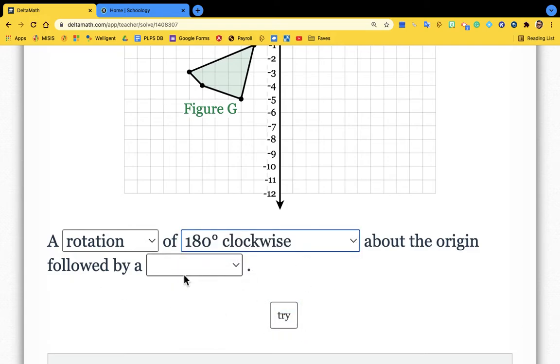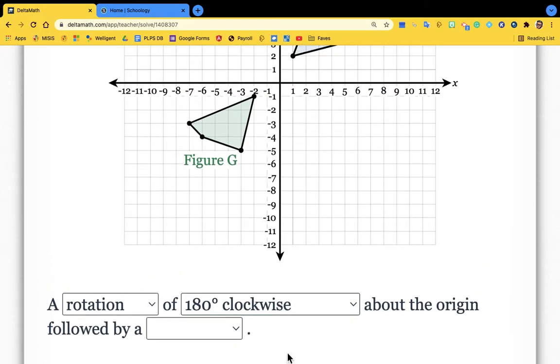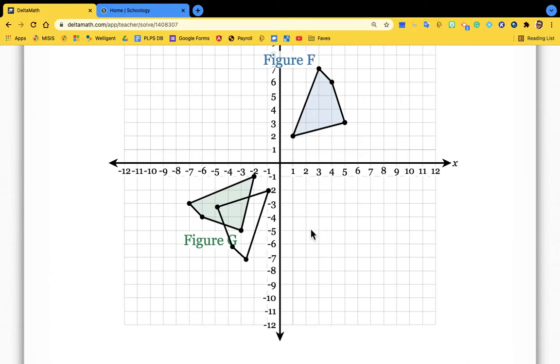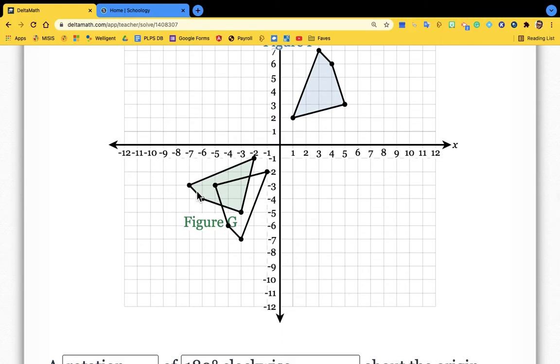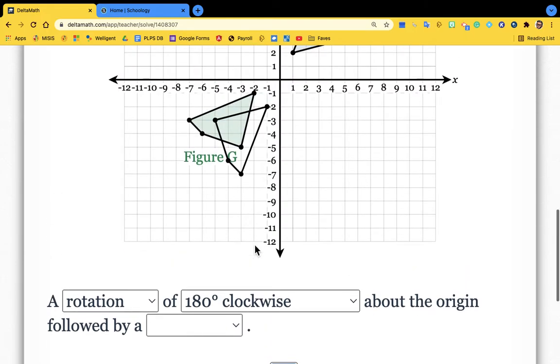Before I do the second transformation, I'm going to hit try and see what happens to my shape. Well, it's a little bit off, because look, this flat side here is with this flat side, and on this one it's over here, so that's not going to work.